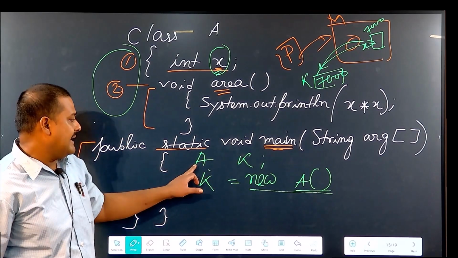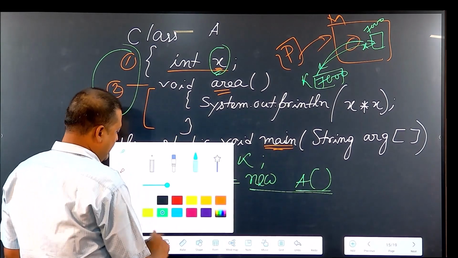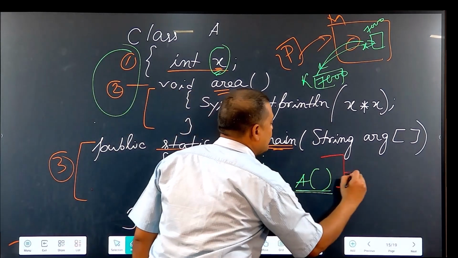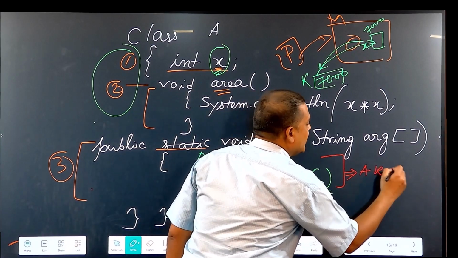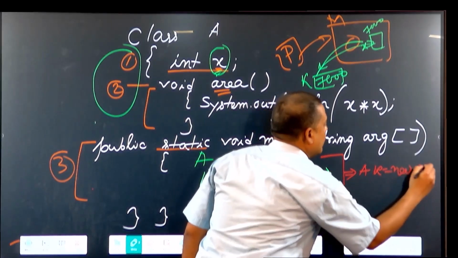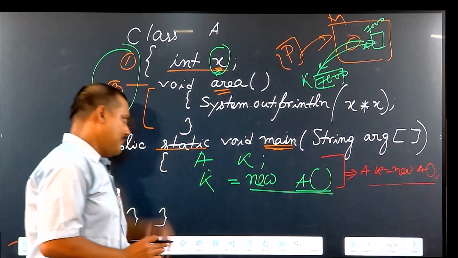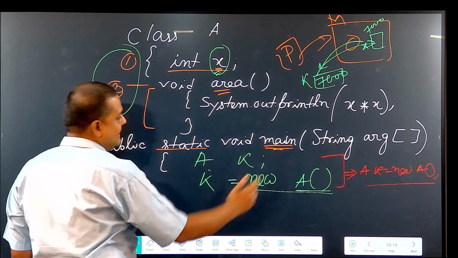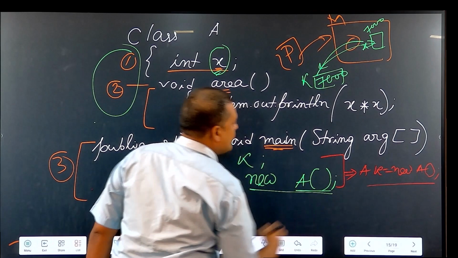K is of A type, and rather than writing these two lines, we can write a single line for both. This is equivalent to A k = new A. You can write this, and in many books and places this notation is used. Both statements are written inside a single statement.